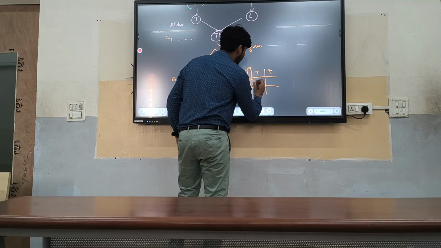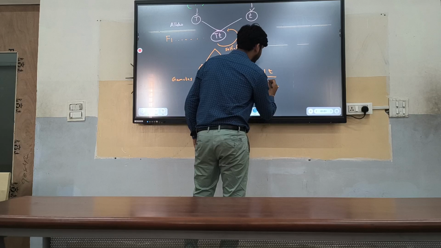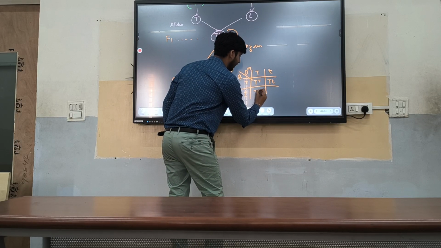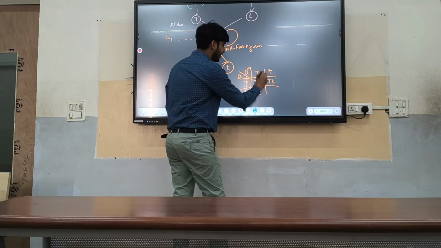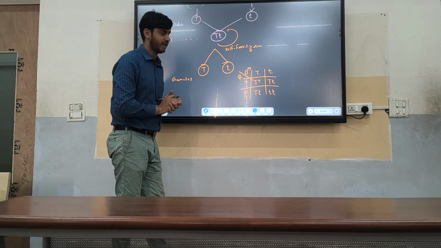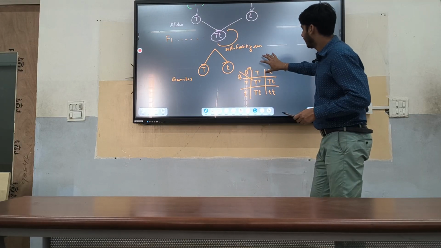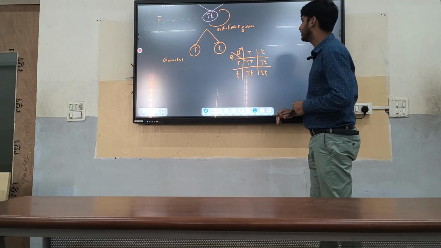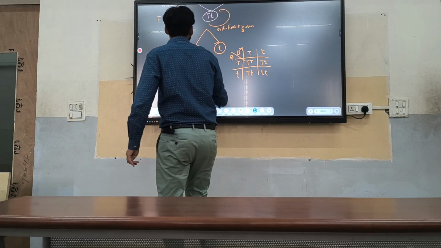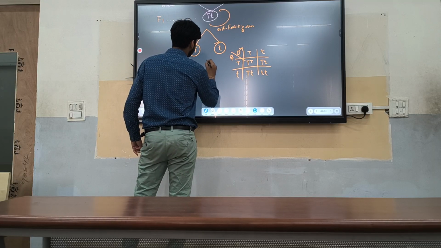So capital T and capital T produces capital T, capital T. Capital T small t produces capital T small t. Capital T small t again produces capital T small t, and small t produces both small t genotypes. Okay. So now from this generation, what we are getting is known as the F2 generation.